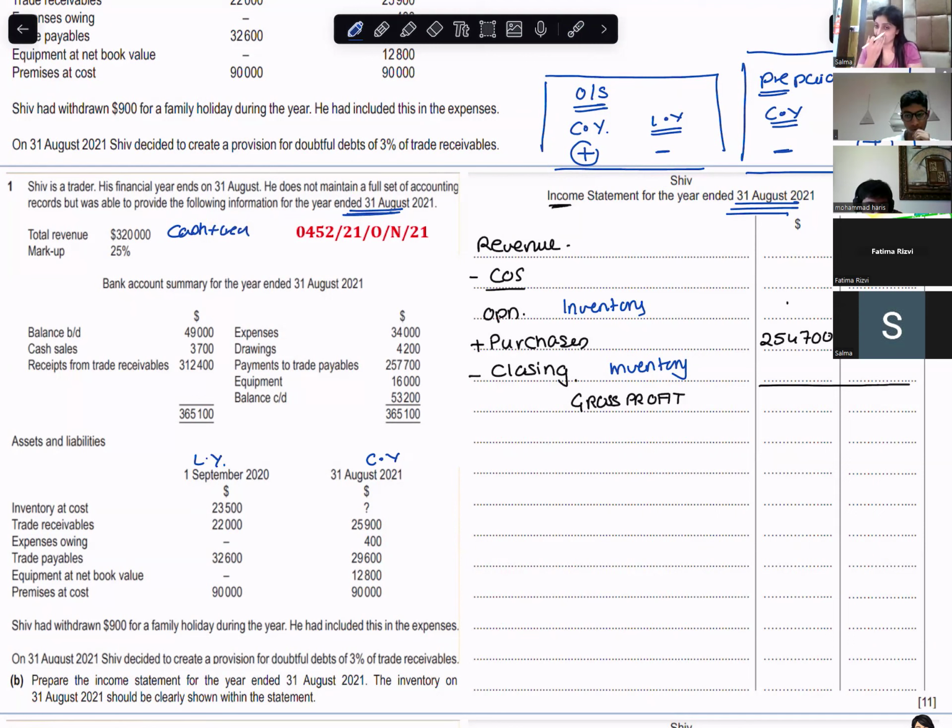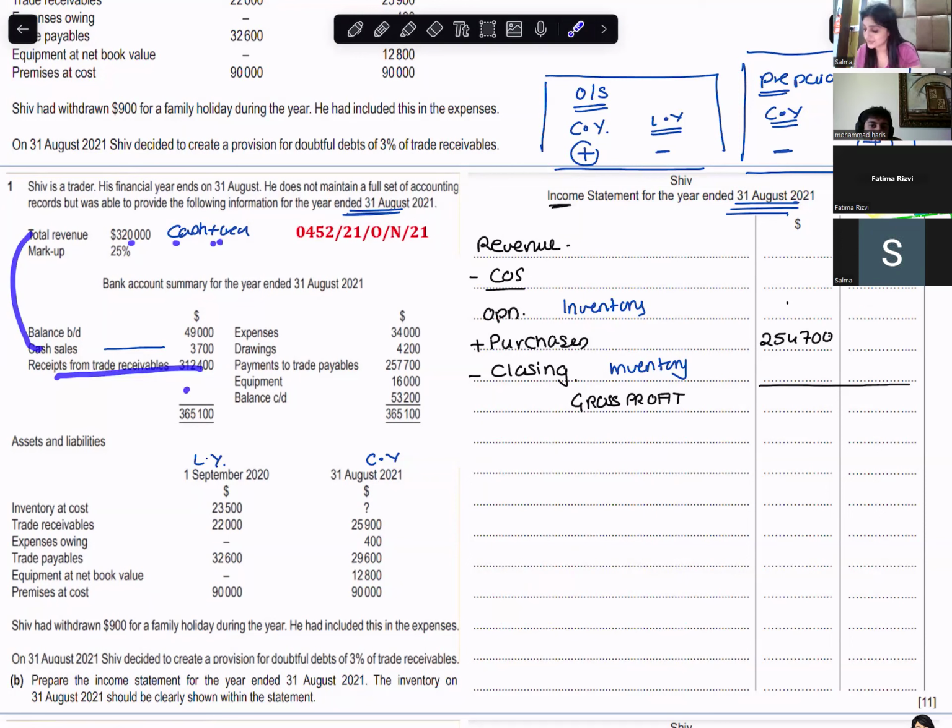So there is cash sales. Money received from trade receivables has no relevance because cash plus credit sales both are given to us. There are expenses. Expenses could be other expenses.